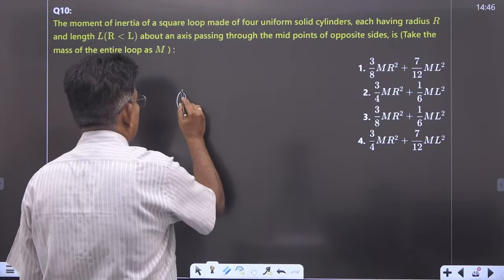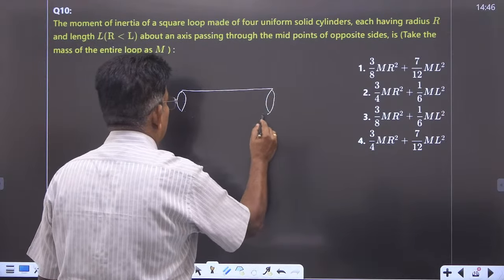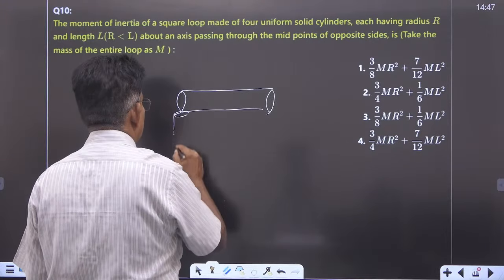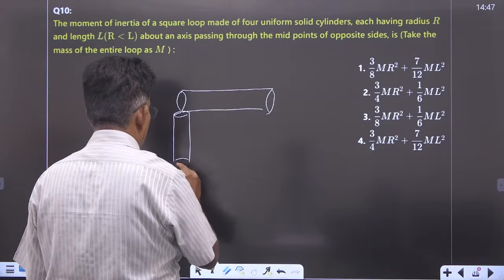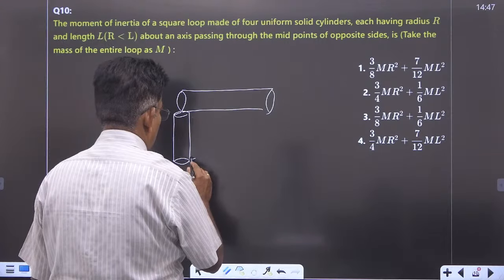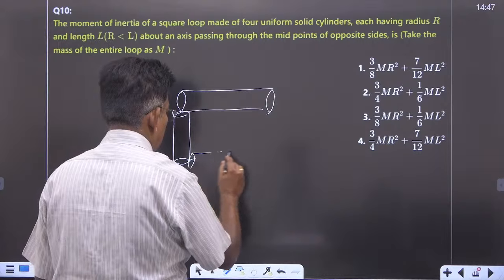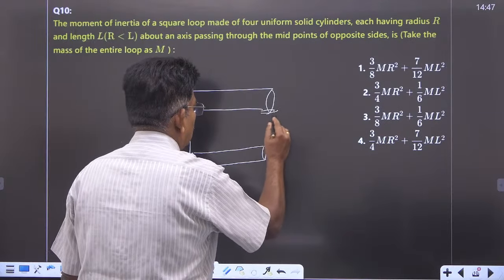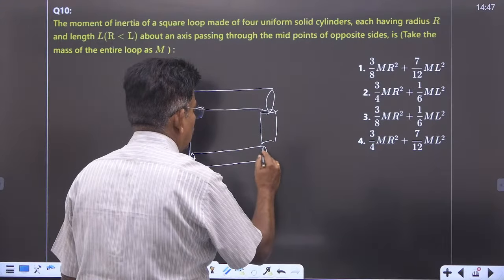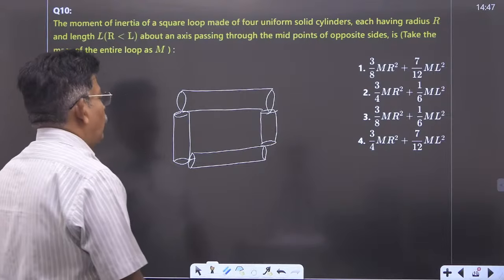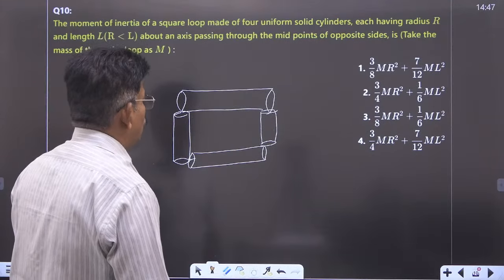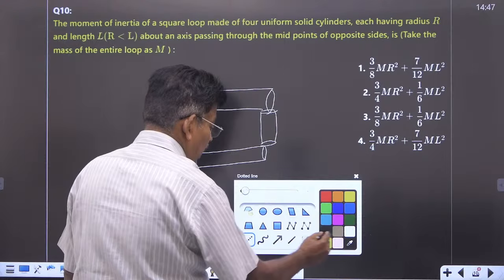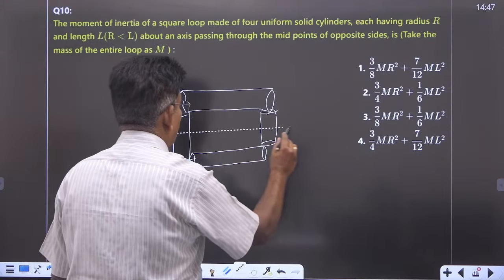These are not thin rods, these are cylindrical rods. Yes, 4 identical cylinders, 1, 2, 3, 4.